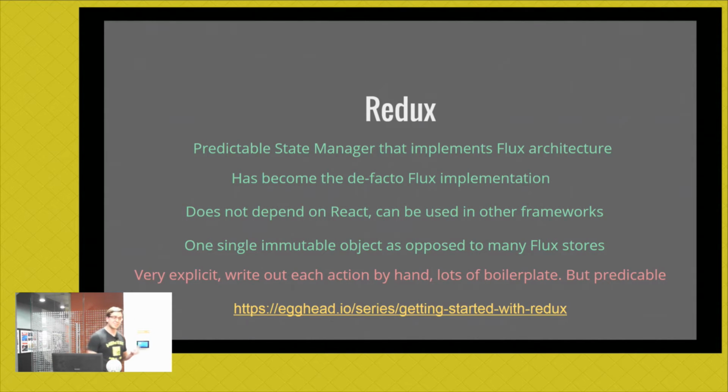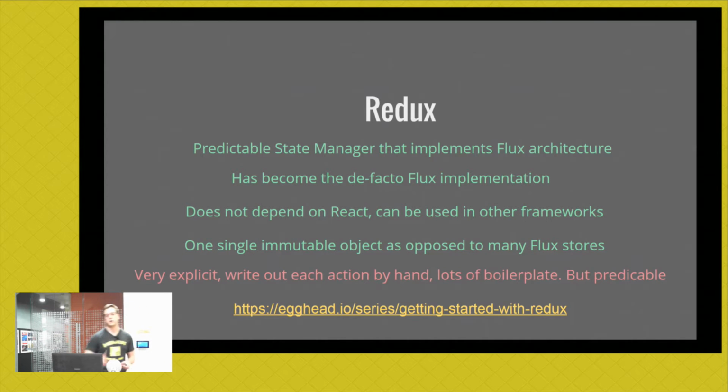Another cool thing about Redux is it doesn't actually depend on React at all. You can use Redux inside of Angular. In fact, I think someone earlier mentioned something like that. So you can use it in other frameworks. It's just a way of handling data. And the thing that makes Redux unique compared to the original Flux spec is that it carries your state in one single immutable data object, as opposed to many stores or many models.